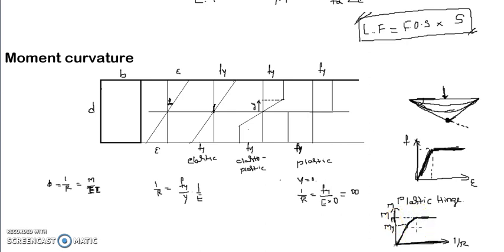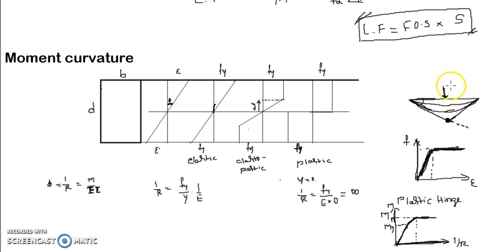Once the section reaches this, beyond this any increase in strain or rotation does not result in an increase in the capacity of the section. So it is going to just rotate like a normal hinge. What is a normal hinge? Here is a hinge point.